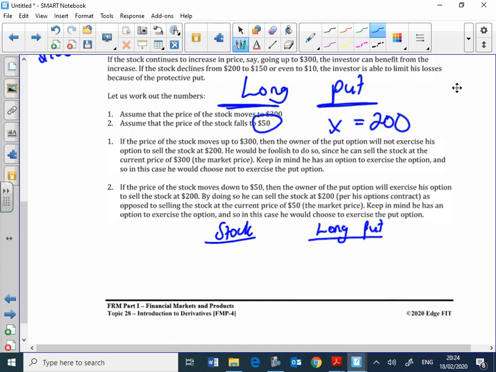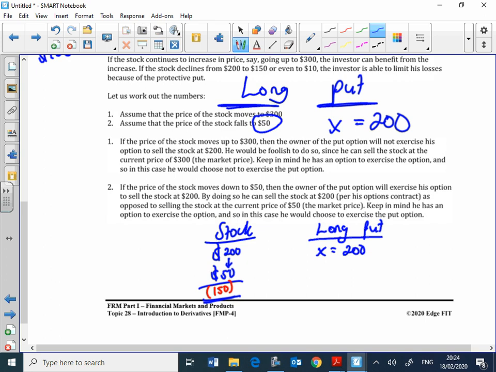Talk to me about number two. The price of the stock falls to $50. What happens? So the stock price goes from $200 all the way down to 50. I'll put it in red: a loss of 150 on the stock. You're comfortable with that. On the puts, my X is equal to 200.